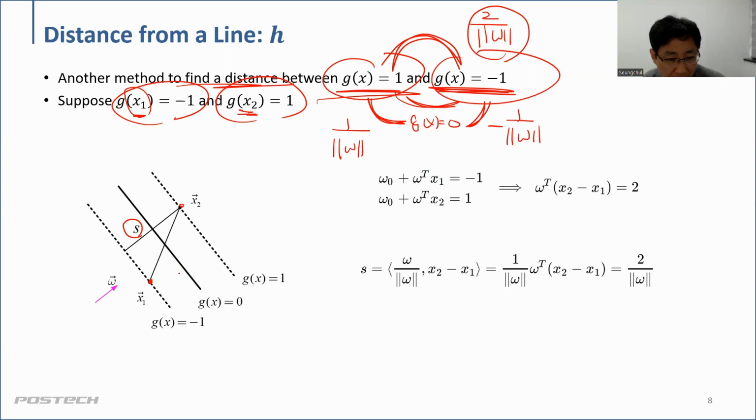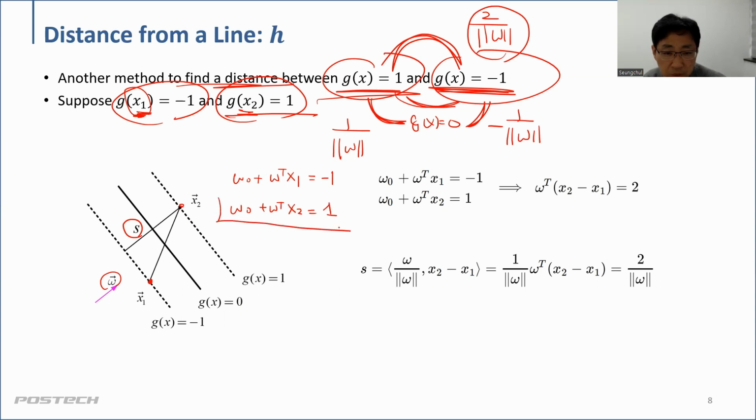We know that omega is in that direction, and omega naught plus omega transpose x of 1 is -1. And here omega naught plus omega transpose x of 2 is 1.